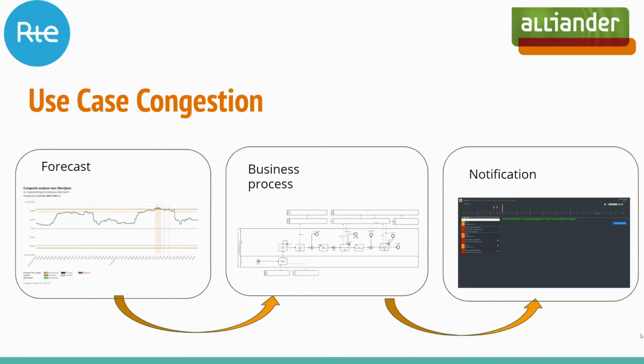So within the business process, as Sjoerd has also just mentioned, hey, we might have congestion. Then in the case of congestion, we want to have a notification on the dashboard. In this case, OperatorFabric, where it says card congestion coming up.